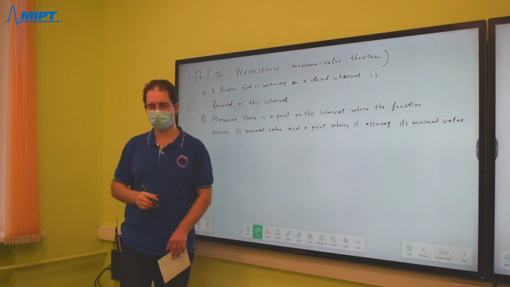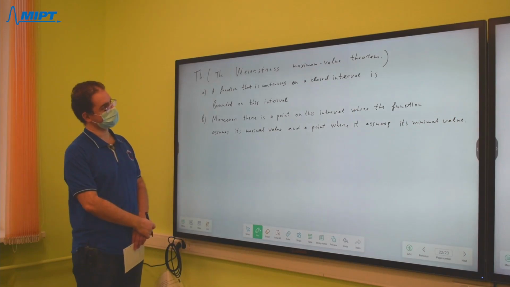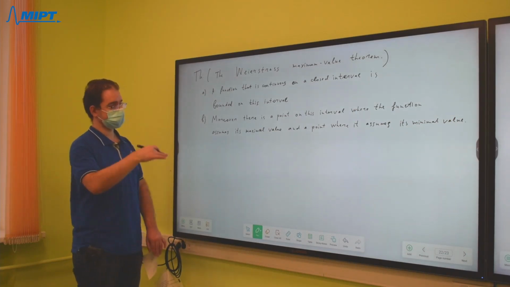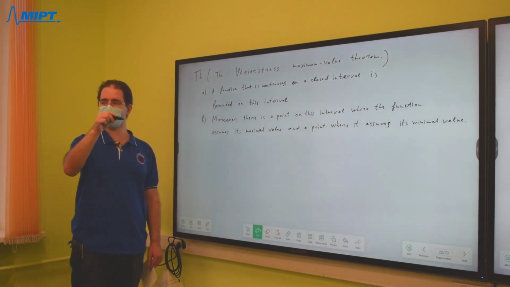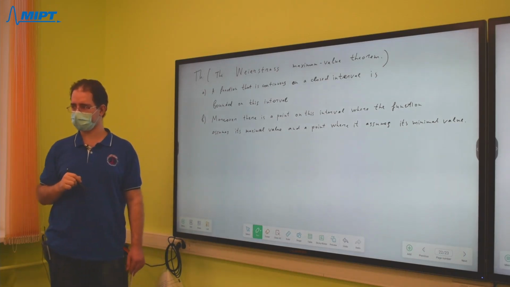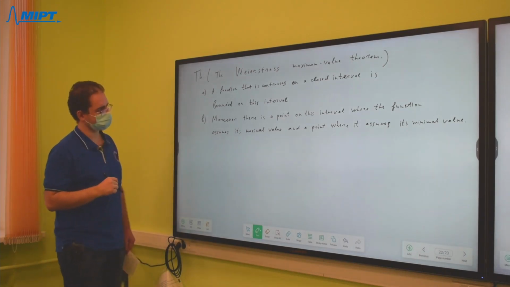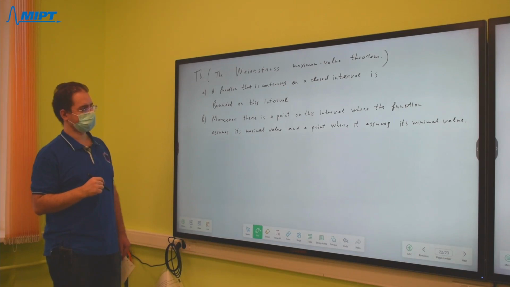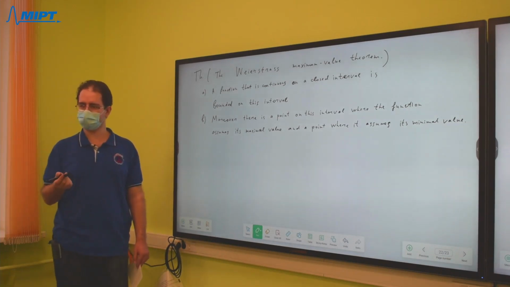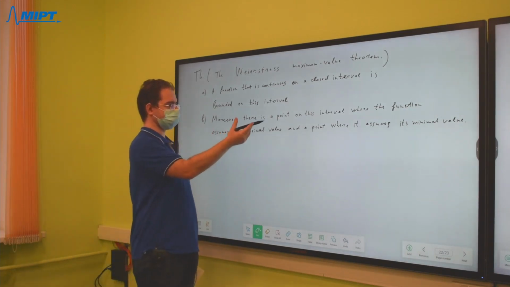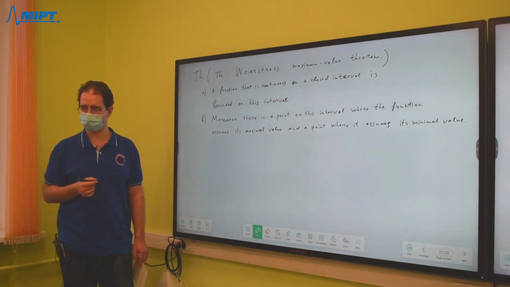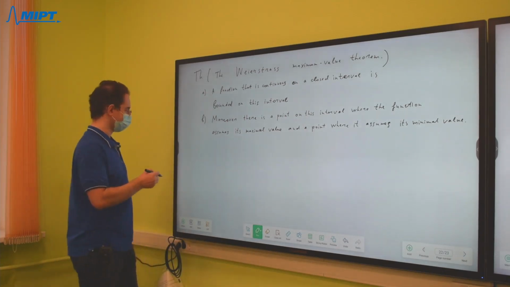So, any function that is continuous on a closed interval is bounded and it reaches its bounds, its exact upper bound and its exact lower bound, hence making it maximal and minimal values. Okay? Proof.